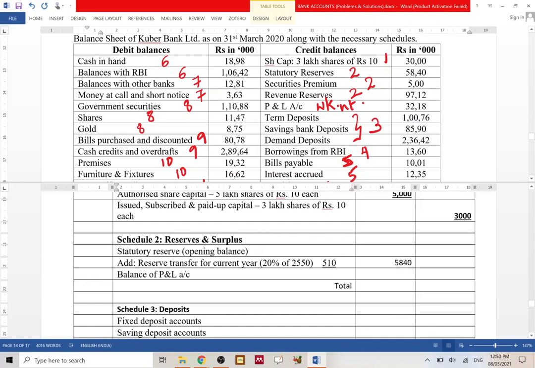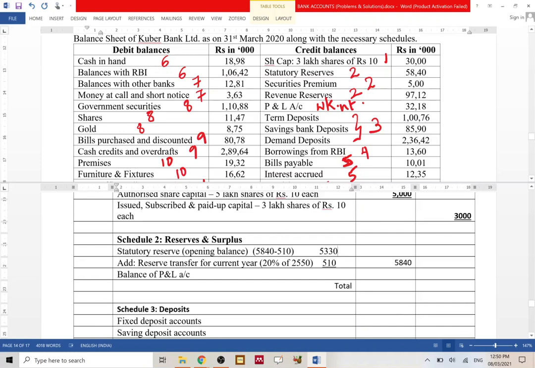That means how much must have been the opening balance? This opening balance was 5840, that is the closing balance, minus 510, what we have just now added. Okay, we are doing a reverse calculation to know what must have been the opening balance. It is very similar to what we did with depreciation in the previous problem.